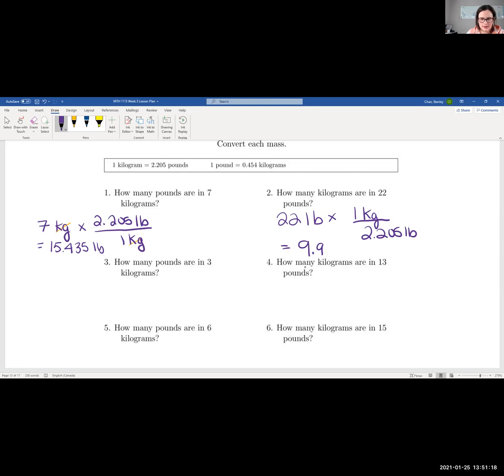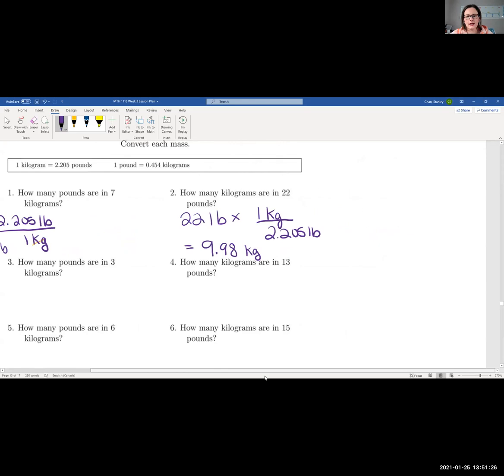I'm just going to keep 2 decimal places. I want to point out that there are 2 different ways to solve this. You can solve it the way I just did, or use the other conversion factor. There are 2 separate conversion factors, and you can use the first one or the second one.